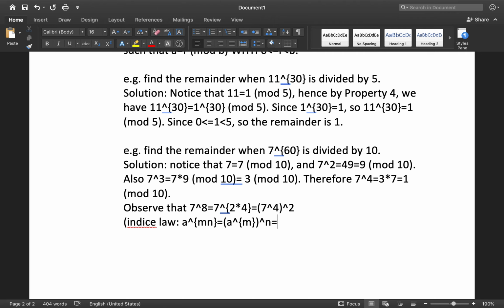Or if you don't like the order, you can switch the order, so it can be like this. They're the same. This is called the index law. Now, go back here. You know this is exactly 7 to the power 4, and then you raise it to the power 2.